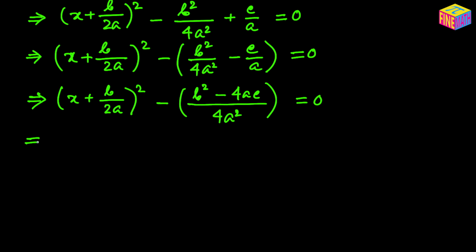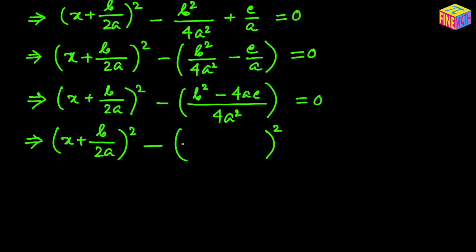So from here we can say, okay, x plus b by 2a whole square minus, now I want to write this thing as a whole square, right? Then what will happen, you see we already have one square right here, it is a square minus another square, so the difference of two squares will give us an opportunity to factorize them easily, right?